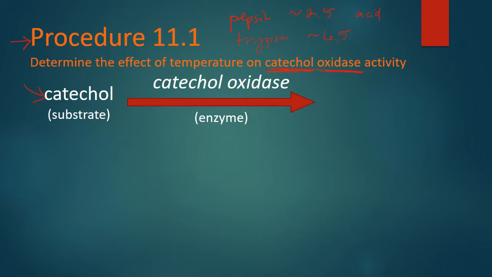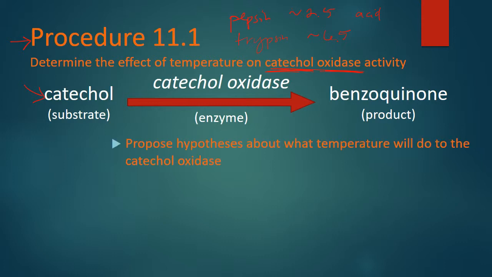I believe that is found in potato extract. I'm going to be making some potato extract for that, grinding up more disgusting potatoes. So that is our enzyme that's going to break down this catechol to create benzoquinone, which is a colored product. It has a specific color to it.